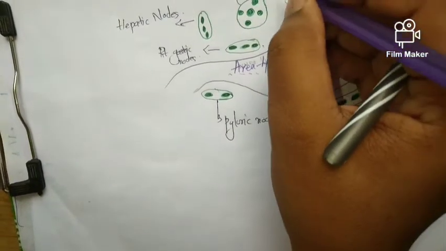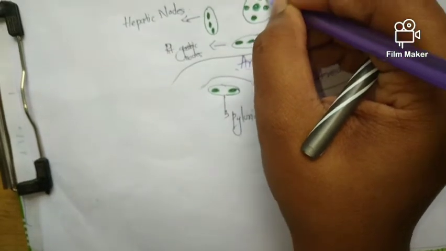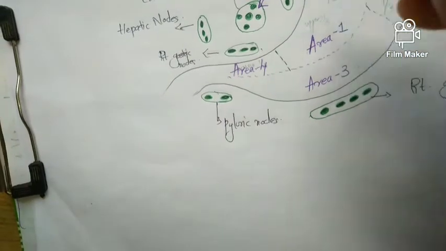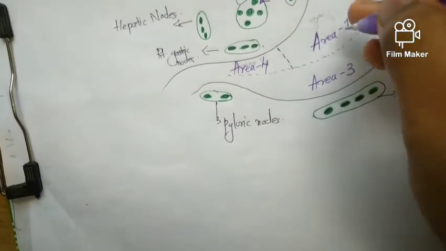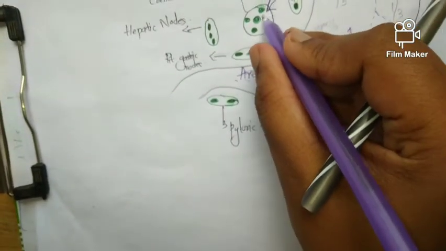Then the left gastric nodes drain into the celiac nodes. So the upper 2/3 part, area 1, drains into the left gastric nodes on the lesser curvature, which drain into the celiac nodes.